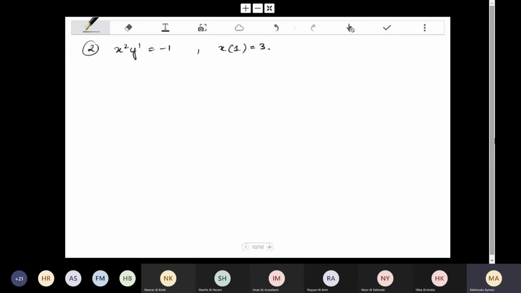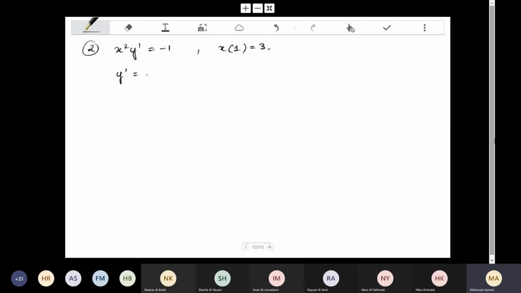As you can see, the derivative is not written as y prime equals a function of x, so we have to make it y prime equals some function of x.